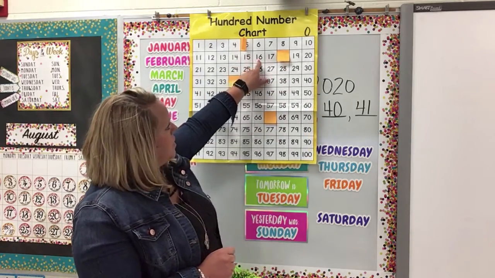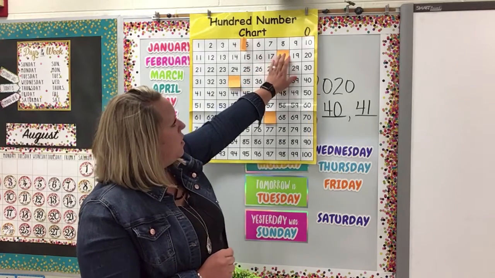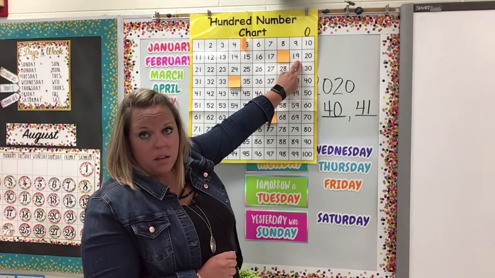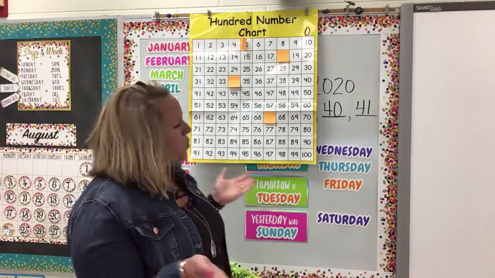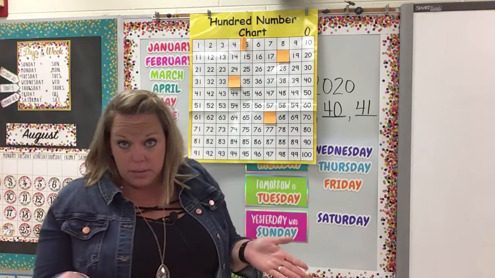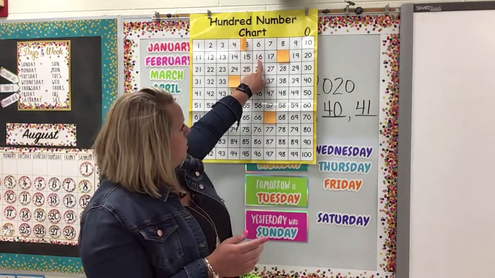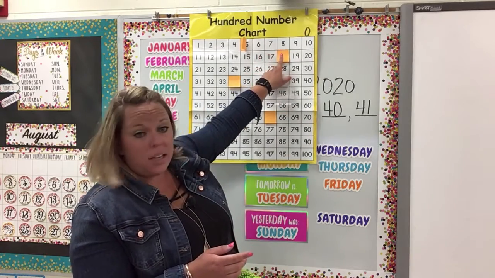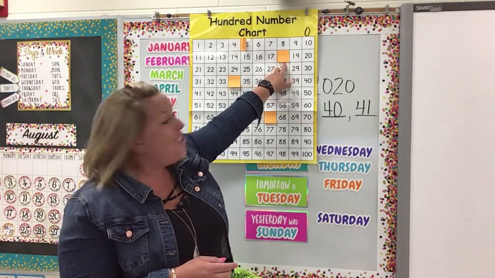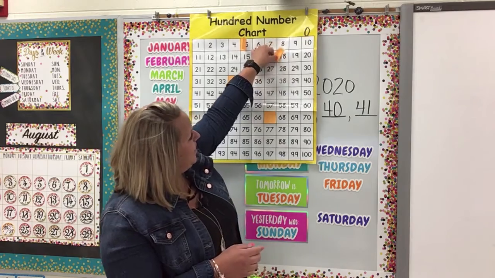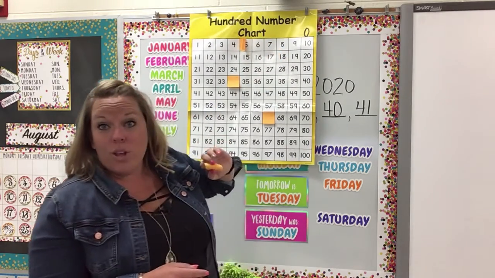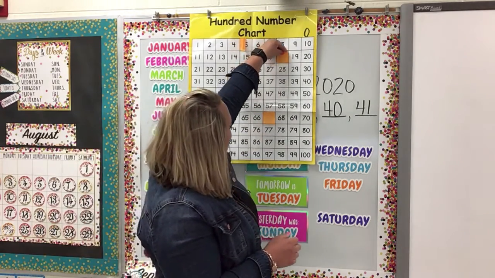Looks like 16, 17, something, 19. Well, what's in between 17 and 19 when you're counting? 15, 16, 17, 18. Let's see. You're right, it was 18.